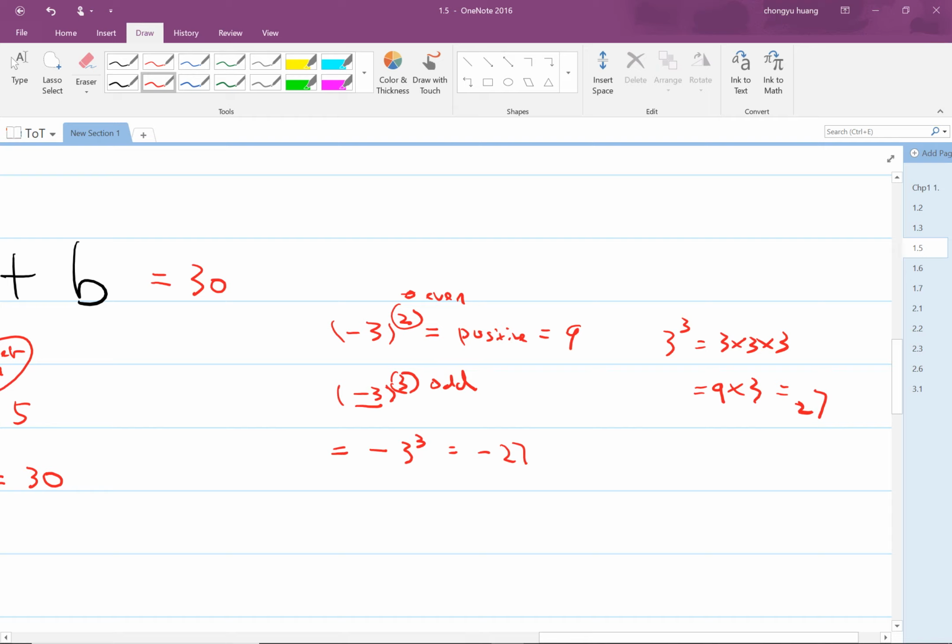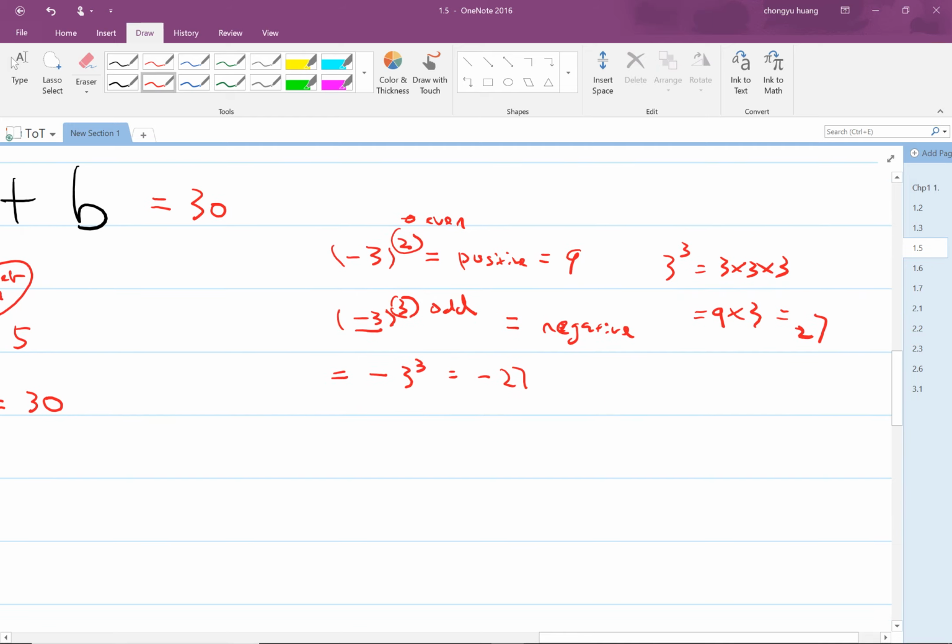Whenever you see a negative number with an even power, you know it's going to be positive. But whenever you see a negative number with an odd power, you know it's going to be negative.